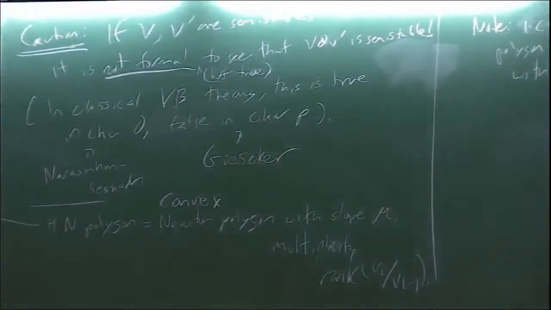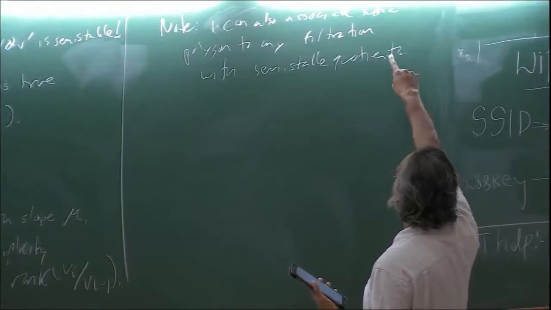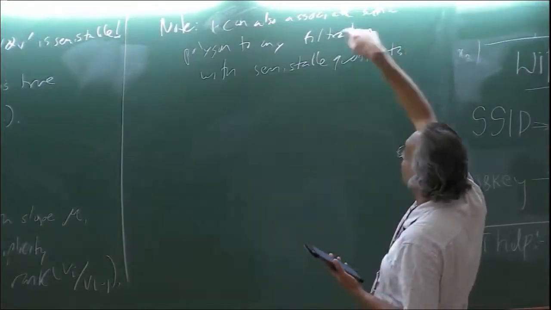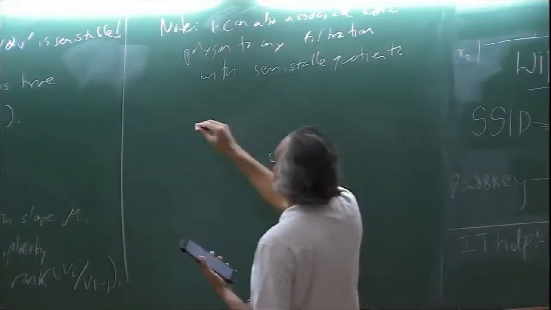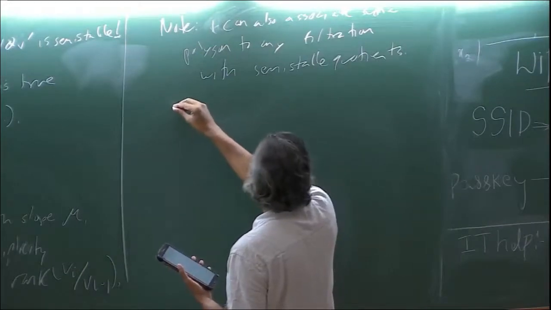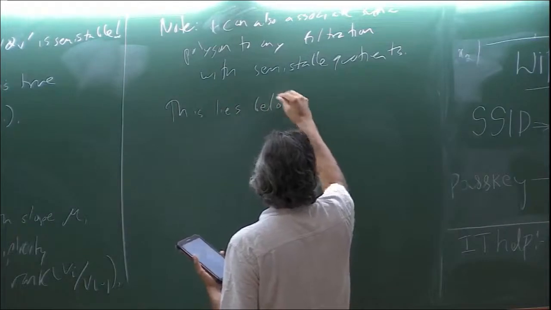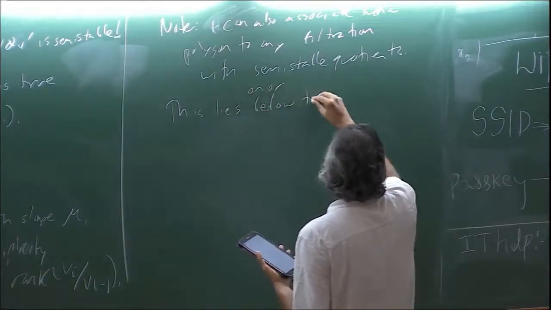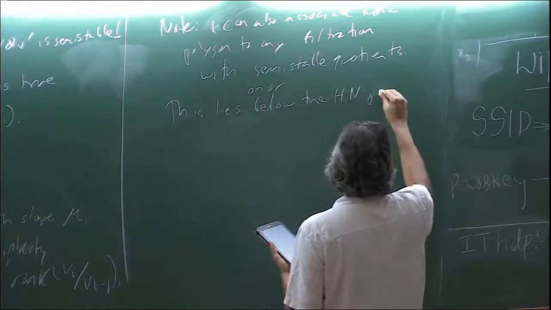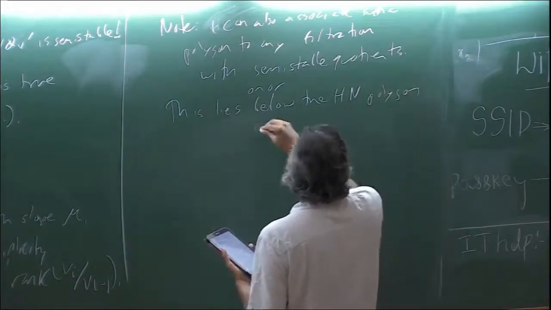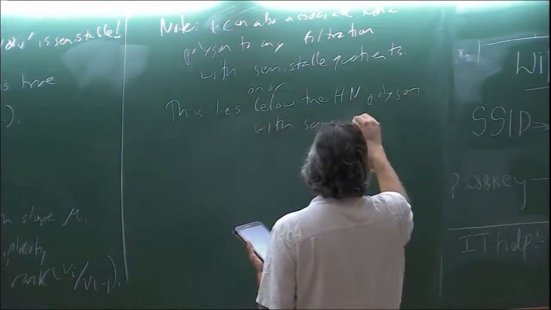In my Arizona notes, for some reason I had to use concave Newton polygons, but in the other lectures we've been using convex Newton polygons. They curve up. So if I define a polygon with respect to some other filtration, then this lies on or below the canonical one with the same endpoints.